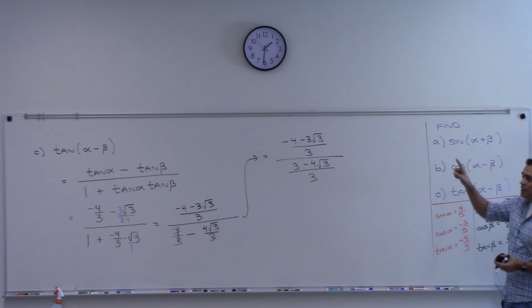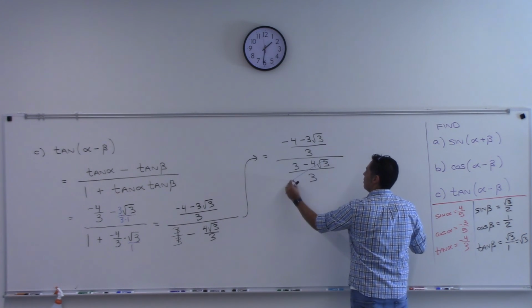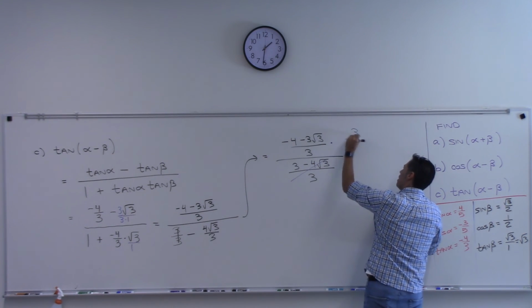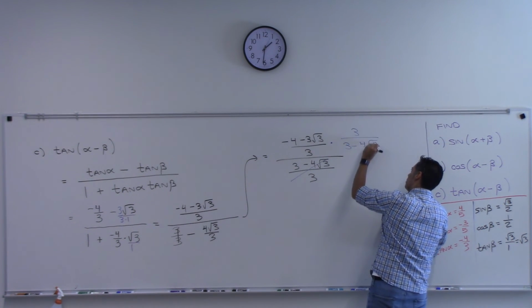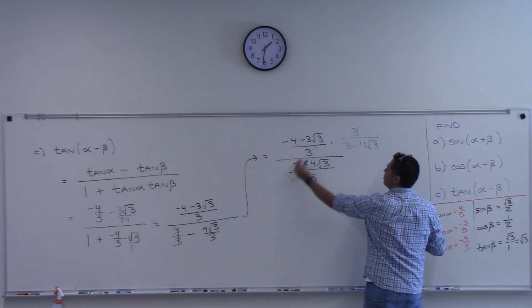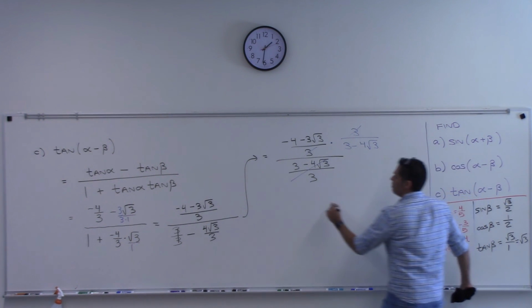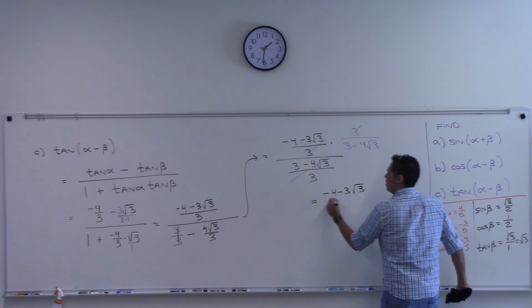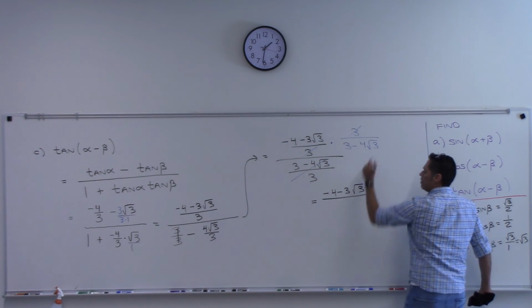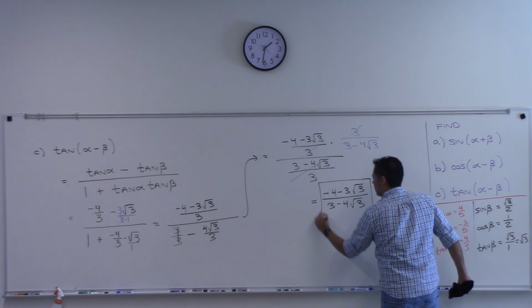Now you have a fraction divided by a fraction, so you can keep, dot, flip, right? So I'm going to just forget that this is here, flip it, put it up here as a 3 over that numerator. And now these 3's cancel. And I should be at my final answer. Negative 4 minus 3 root 3 over 3 minus 4 root 3. That's the exact answer.